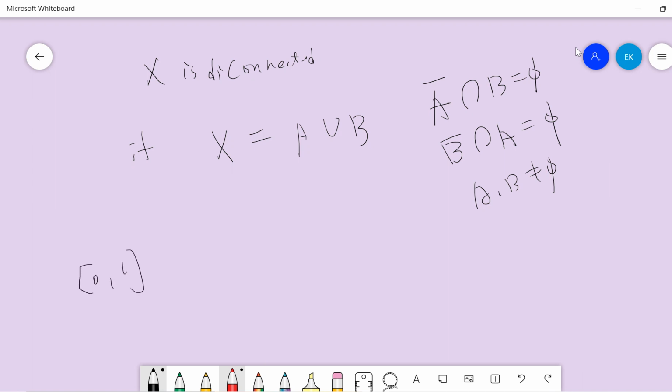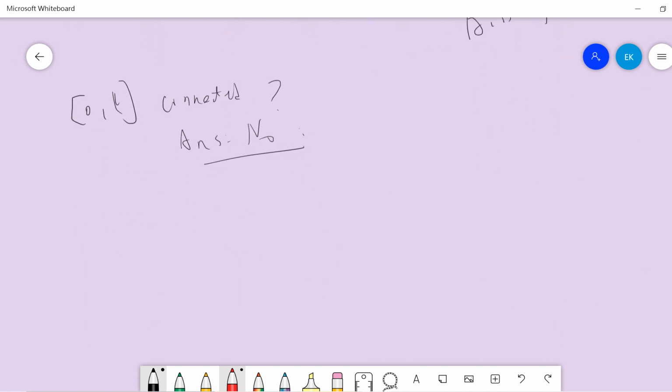So is [0, 1] connected? Okay, and the answer is no. How do we show this? Basically, I want to write it as a union of two sets.